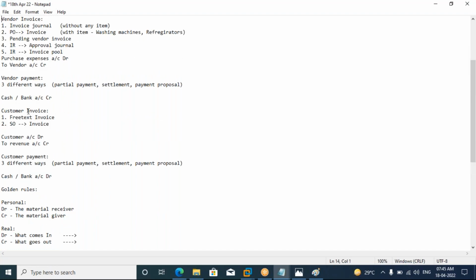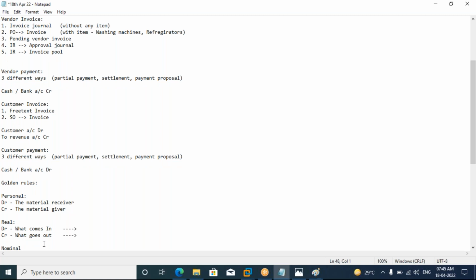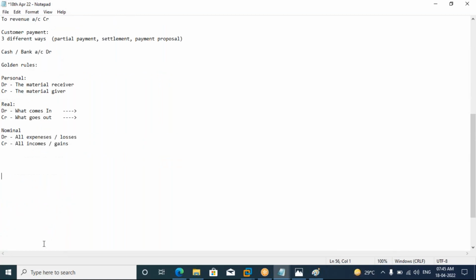So at the time of vendor invoice, purchase expenses account debit to vendor account credit. Expenses debit is this nominal account, and here the giver, the material giver, is credit.